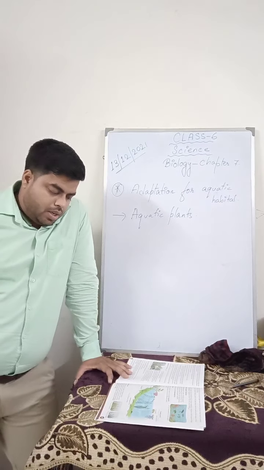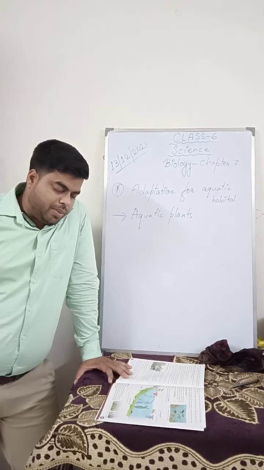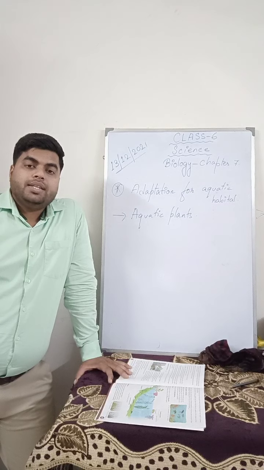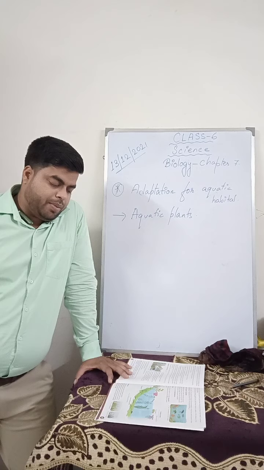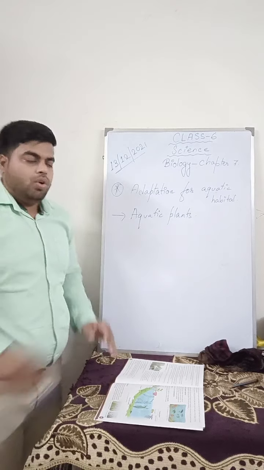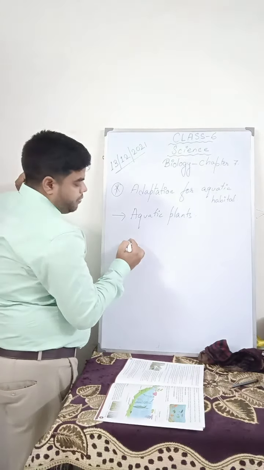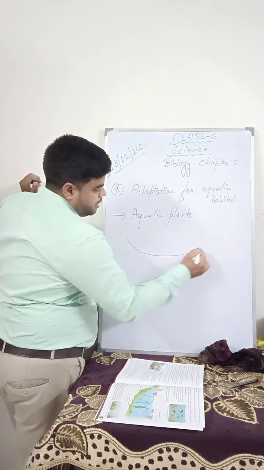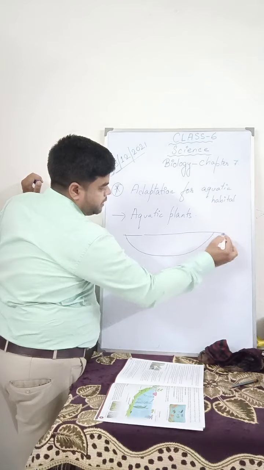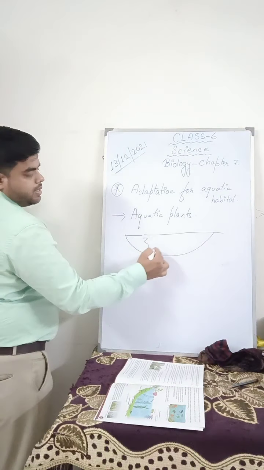For example, some examples of emergent plants are bulrush, arrowhead and sedge. You can see the picture that is given in 7.10. The emergent plants, you see, they actually grow, suppose if this is a water bed, water is here.